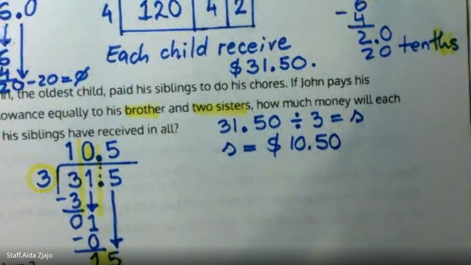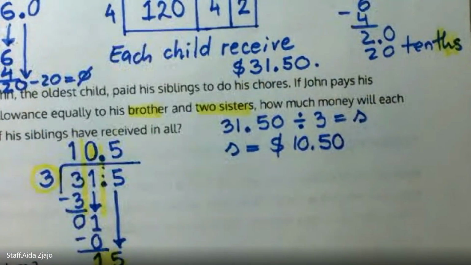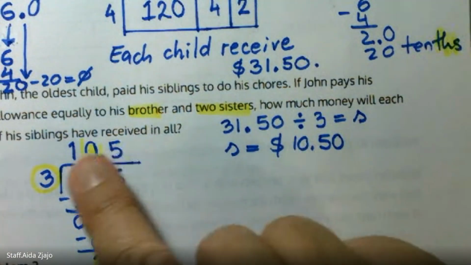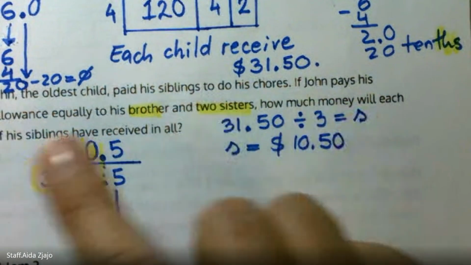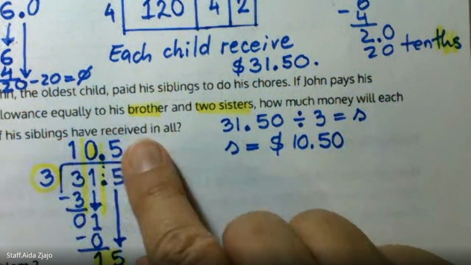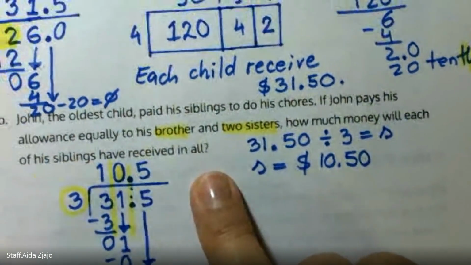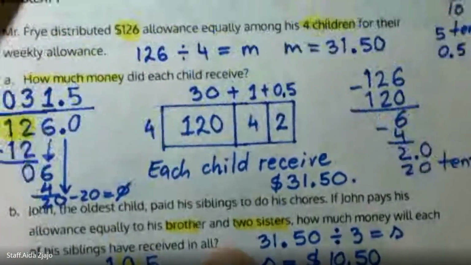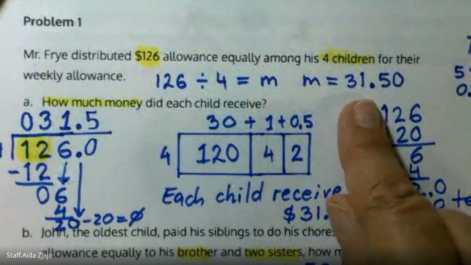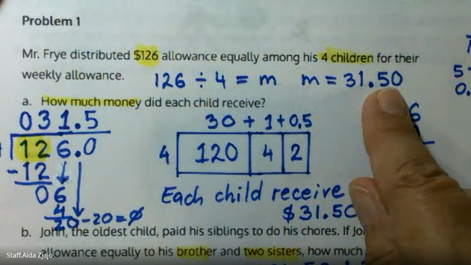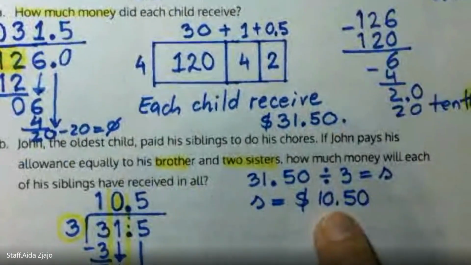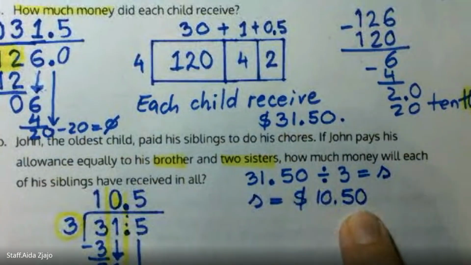Okay, but the problem is, if they ask how much money will each of his siblings have received in all? Now they will get $31.50 from their dad, and then they will get $10.50 from his brother.